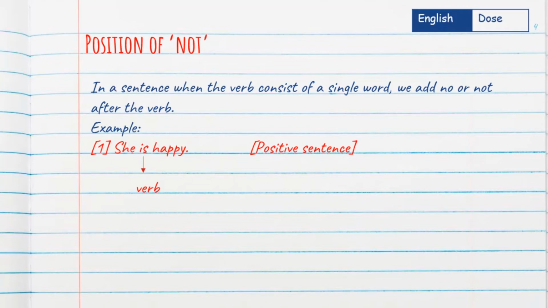So is is the single word verb, and we place not after it. What would be the negative of this sentence? She is not happy would be the negative sentence. Here is is the verb and not is the negative word. This is the first rule.